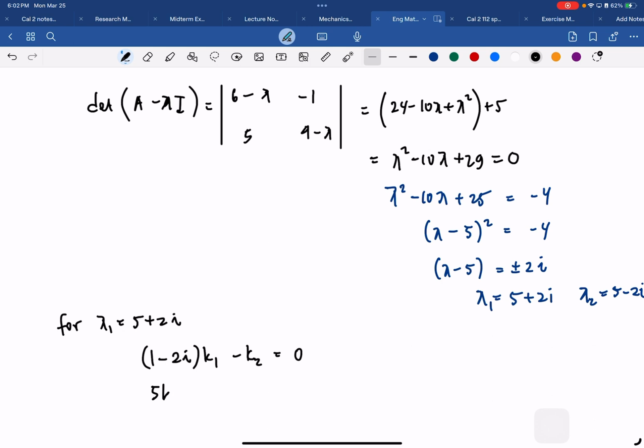And then 5 k1, and then 4 minus 6 is minus 2, so minus 1 minus 2i... sorry, minus 1 minus 2i, right? Times k2, equals 0. Then solve this.